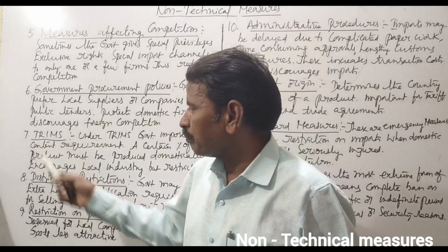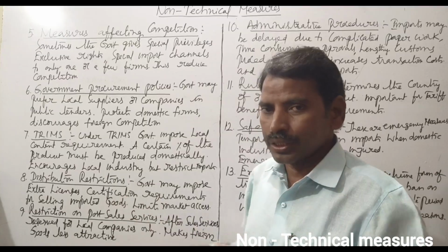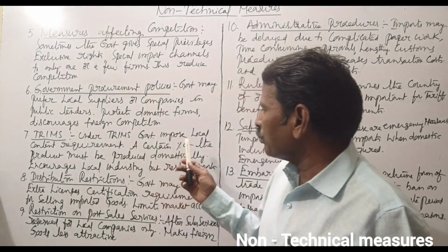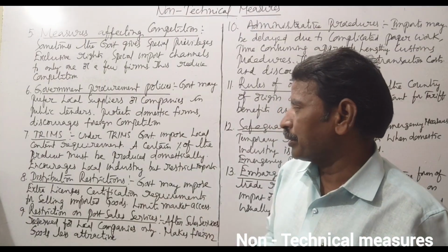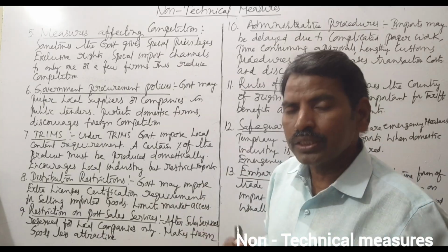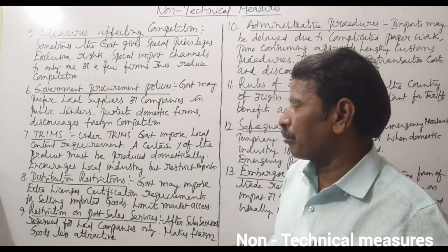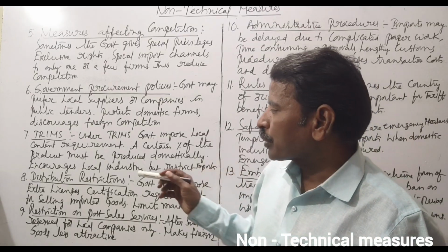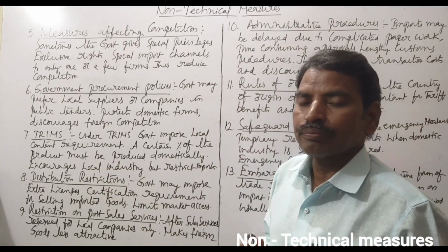Next, the seventh one, TRIMs, trade related investment measures. Under TRIMs, government imposes local content requirements.